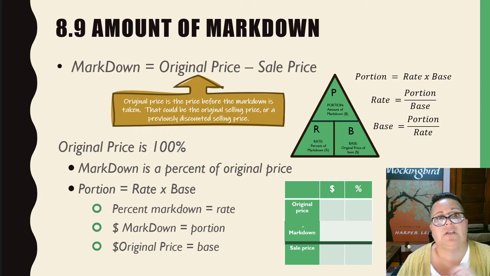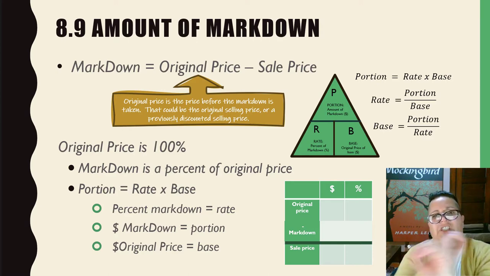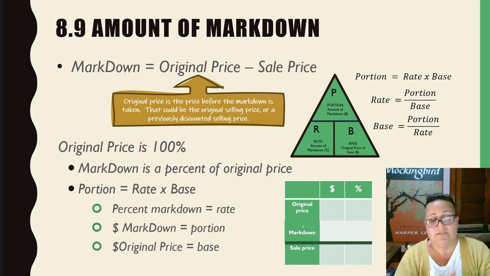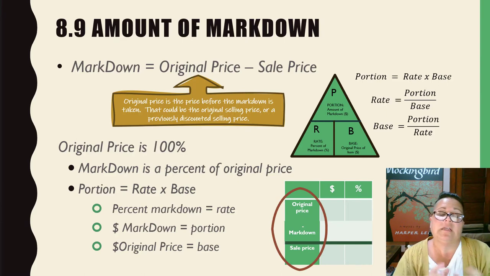It's a variation on the very first equation that I gave you here. Markdown is the original price minus sale price. I've just swapped the spots of markdown and sale price. So the original price minus the markdown is the sale price. And this is our second sort of overreaching equation that we use in this section.